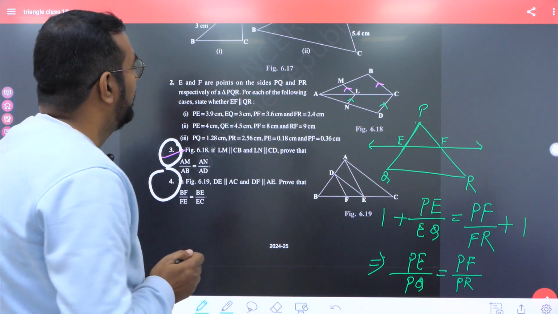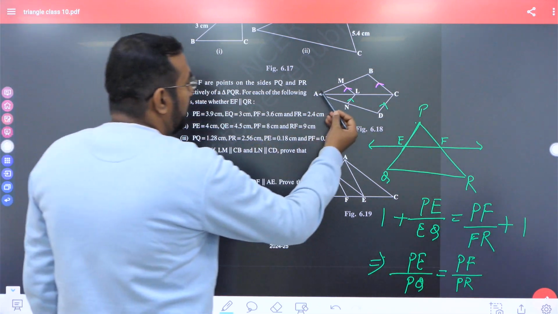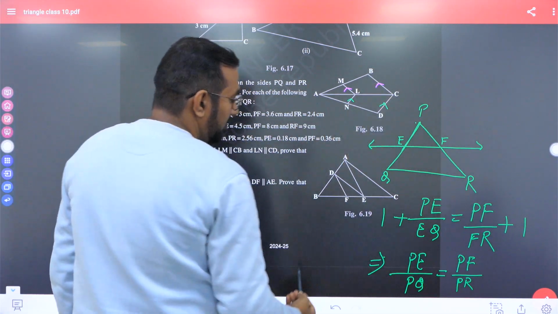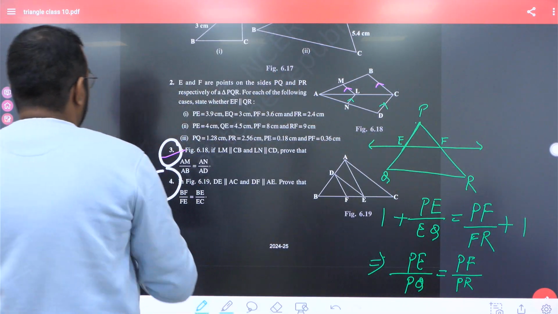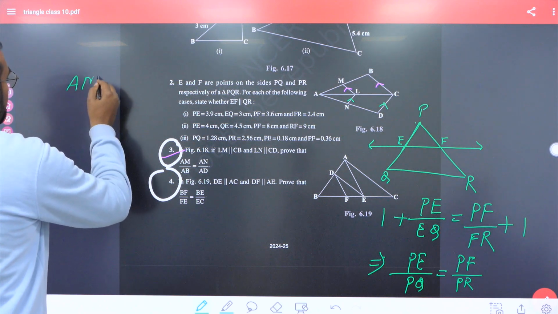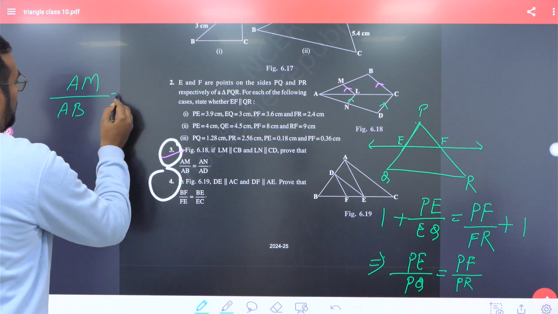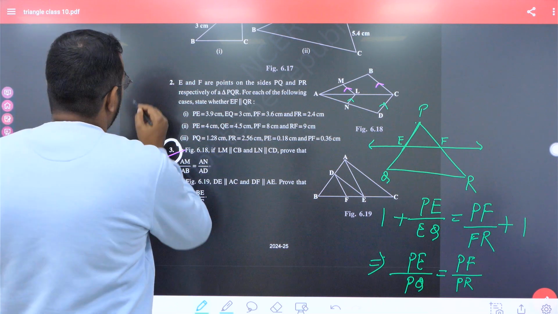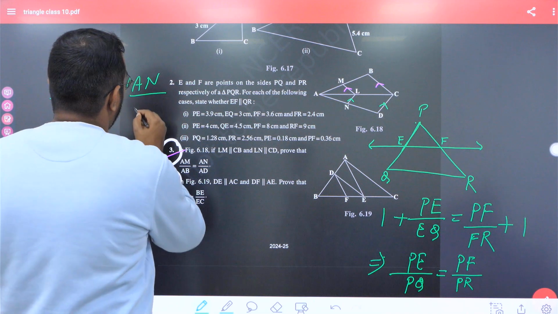So similarly, beta, here we have to prove that AM upon AB, similar to PE upon PQ, is equal to AN upon AD.